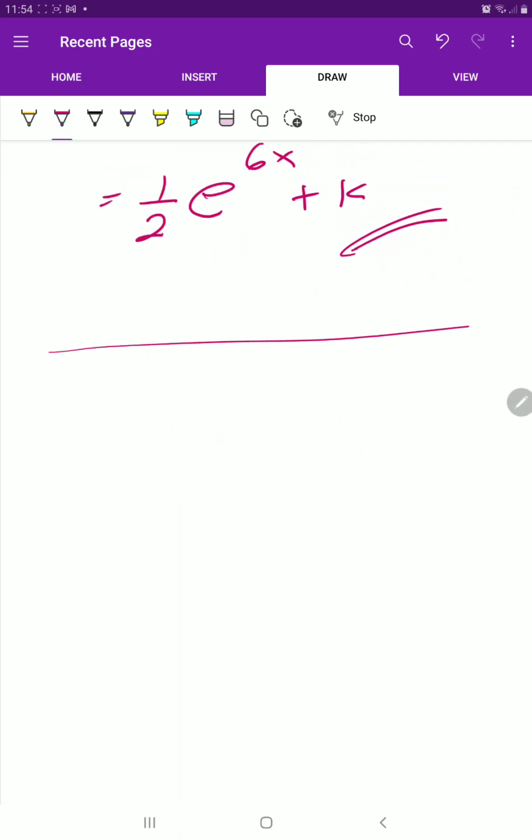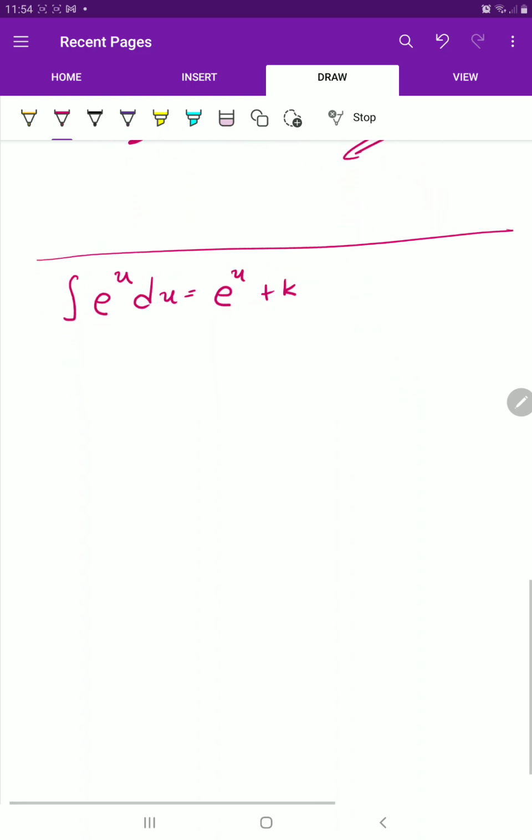Again, what we're trying to use is this one, the integral of e to the u du, and that's equal to e to the u plus k. However, in this next part of this video, I'm going to discuss something more complicated.